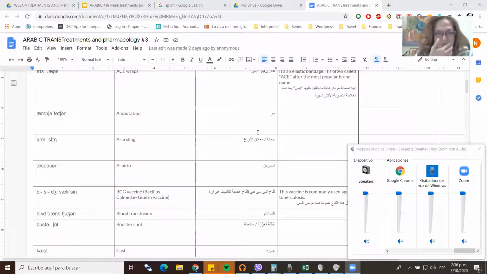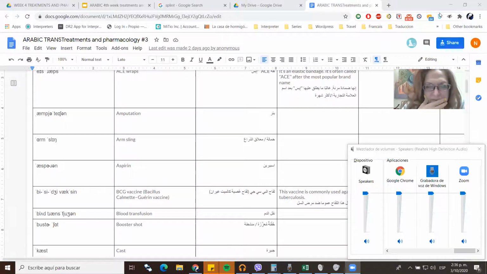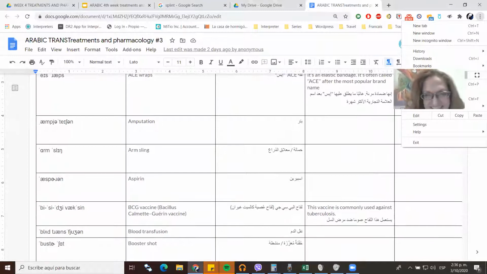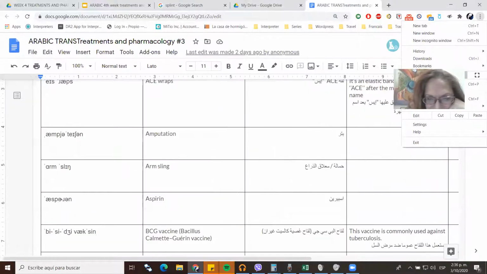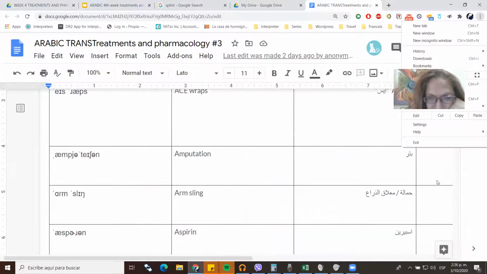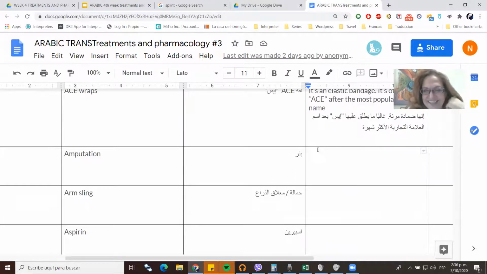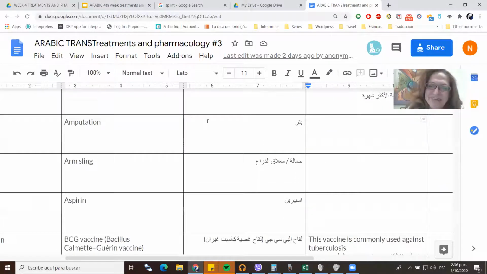Oh, nice. So here we have arm sling, aspirin, blood transfusion, and booster shot. It's aspirin. Yeah, he said أسبرين, aspirin.